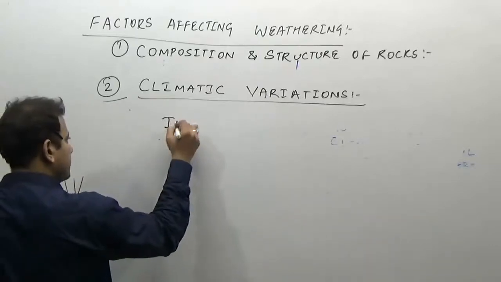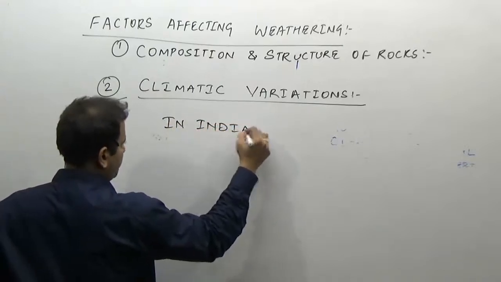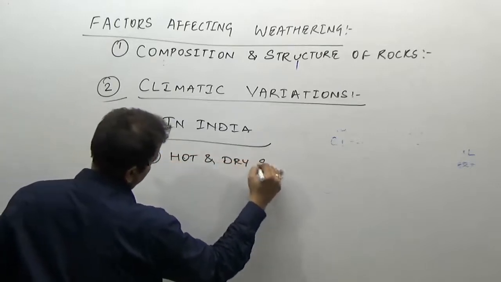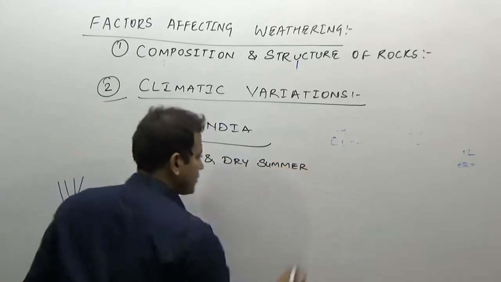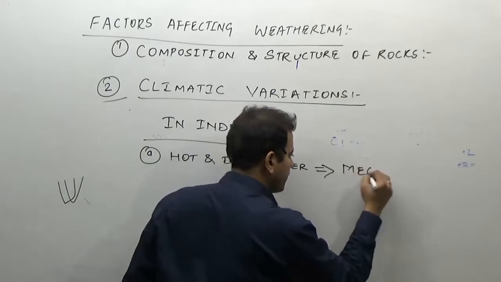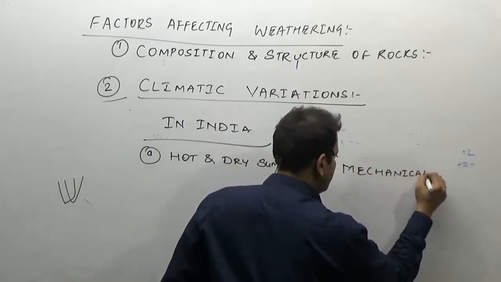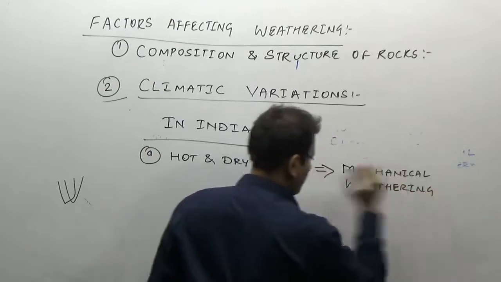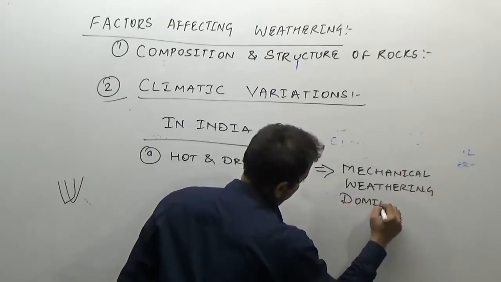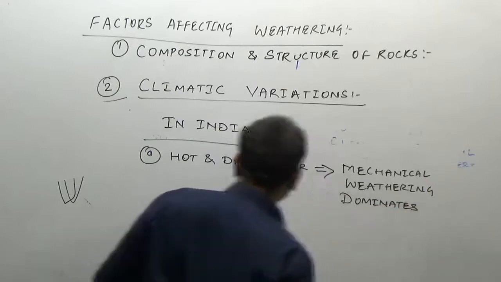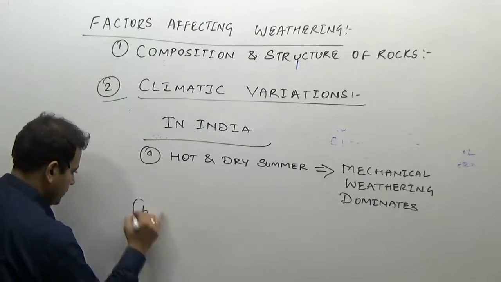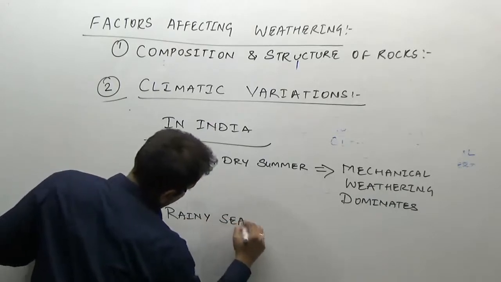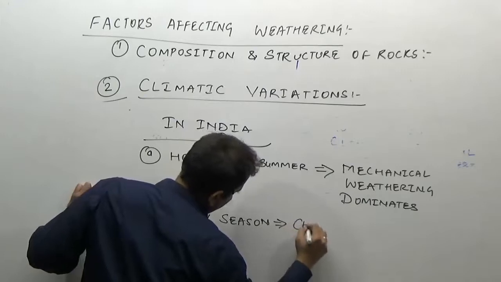In India, during hot and dry summer, mechanical weathering will dominate, while during the rainy season, chemical weathering dominates.